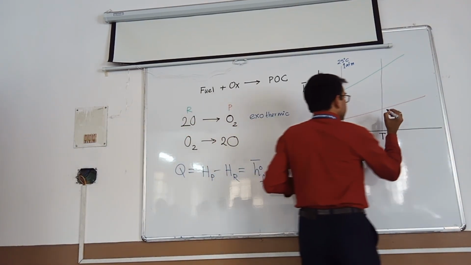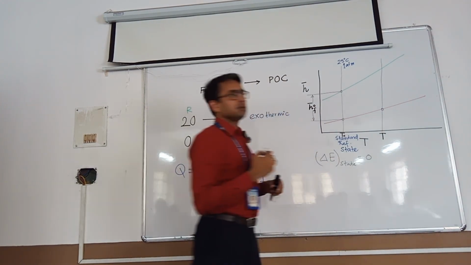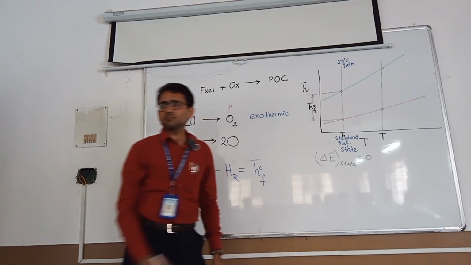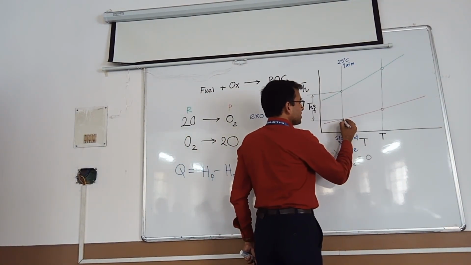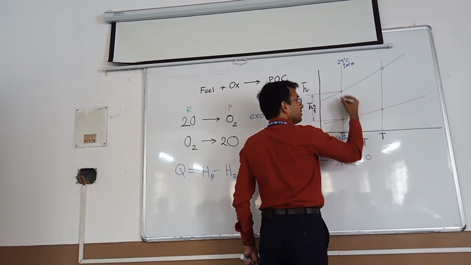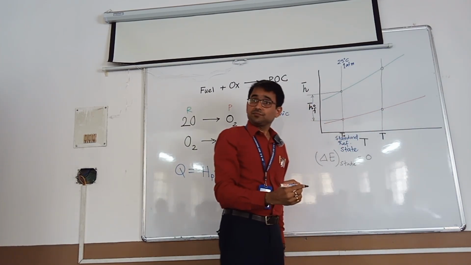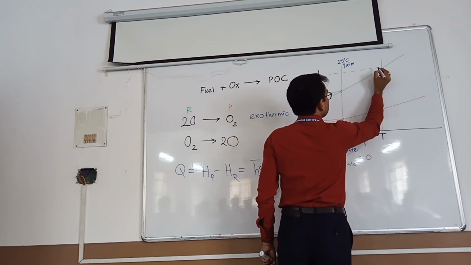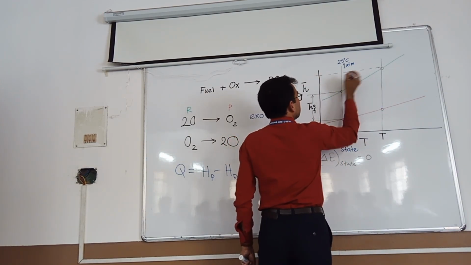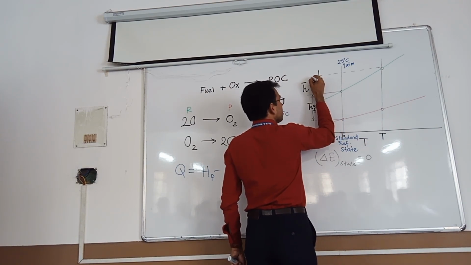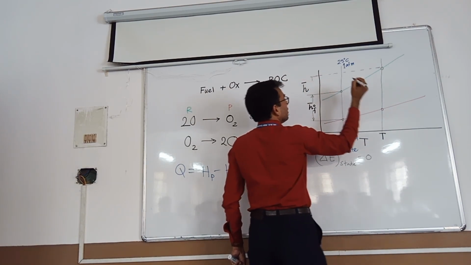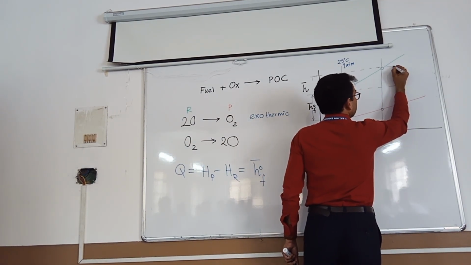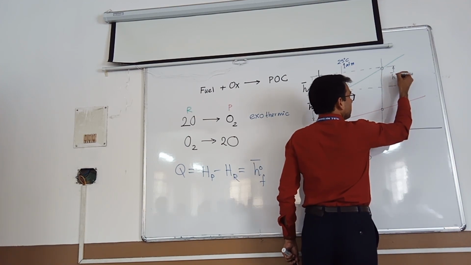Now say it is here, or it is here, whatever. That means it is going from this to this. So what will it be? This is h bar minus h0.